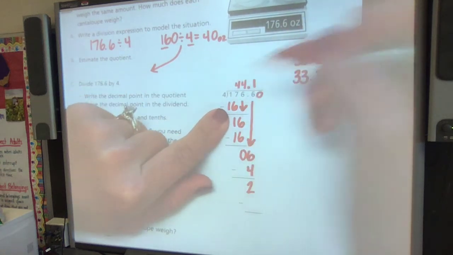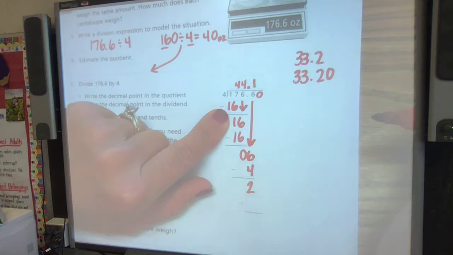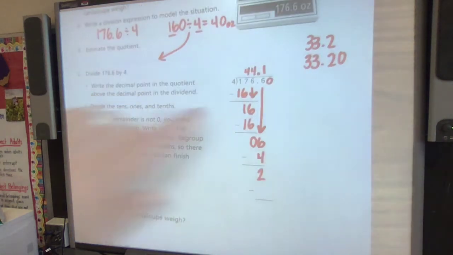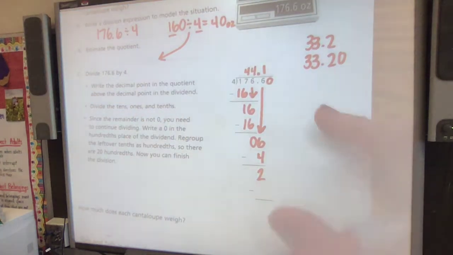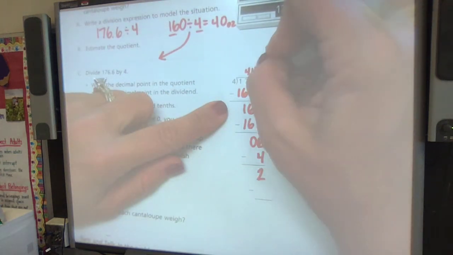If we pretended this was money, $176.60. 60 hundredths is the same value as 6/10. We saw that a lot when we were making models to multiply. So I add a 0 because I'm not changing the value. This is a decimal.